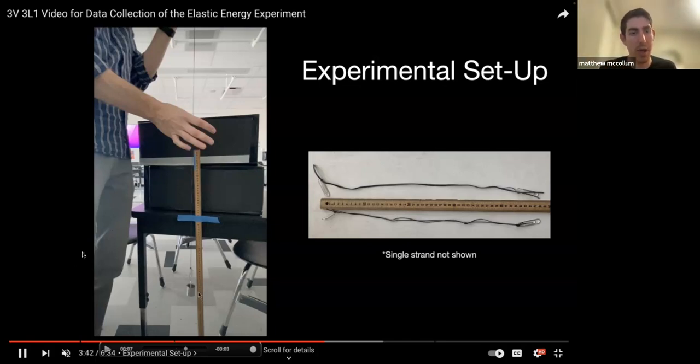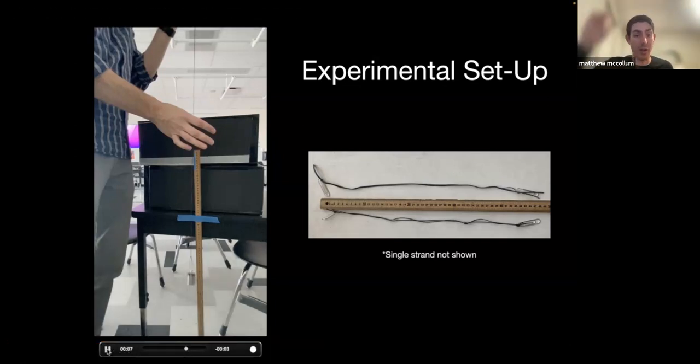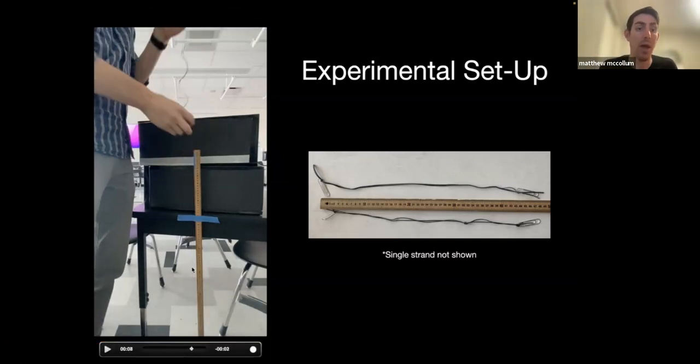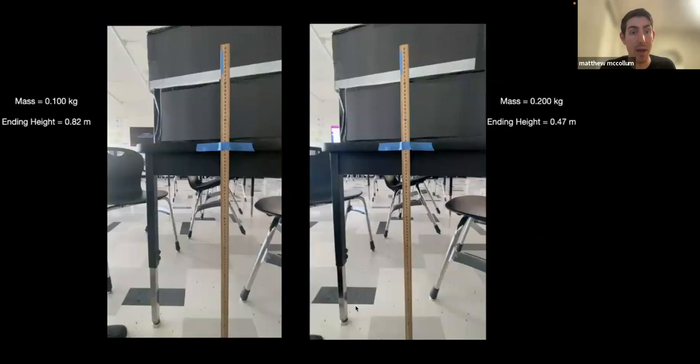That's going to be the stretch of the bungee. So we're changing that mass and seeing how those different things stretch. You can see a couple of examples of changing the masses, and of course a heavier mass is going to make it fall further.